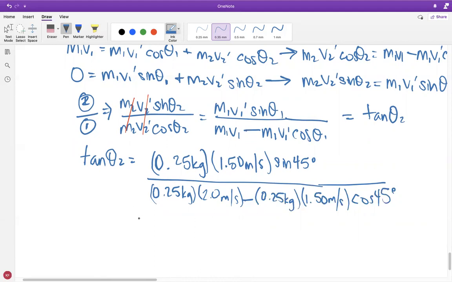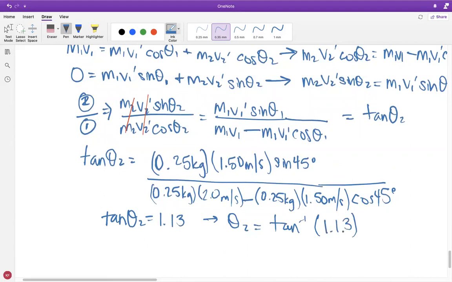And we end up with 1.13, and this is equal to tangent of theta 2. So we can take the inverse tangent: theta 2 equals tan inverse of 1.13.